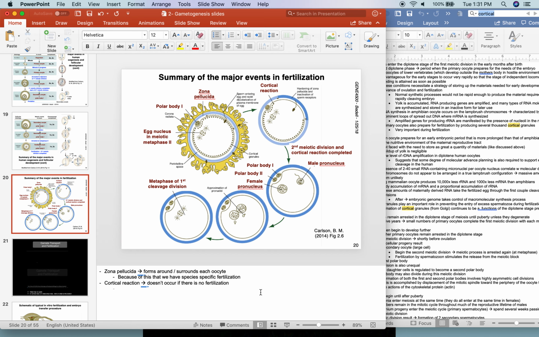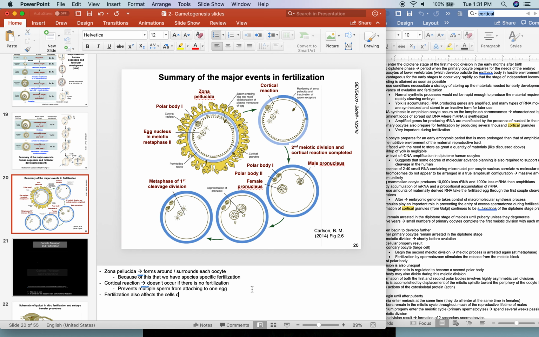Okay, now occasionally a second sperm will fertilize. That's very rare, and there have been some live births with that. Okay, we'll see what happens in a second. But then this also triggers the second meiotic division. So we'll see how fertilization triggers not only the cortical reaction, so there's no polyspermy, it actually is affecting the cell cycle progression of meiosis.